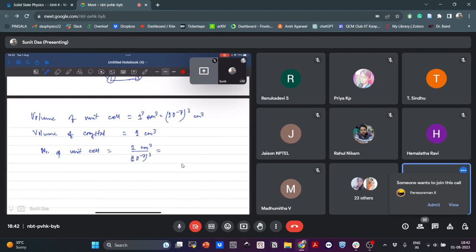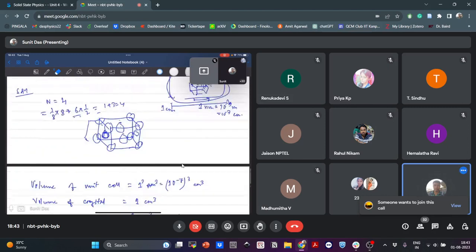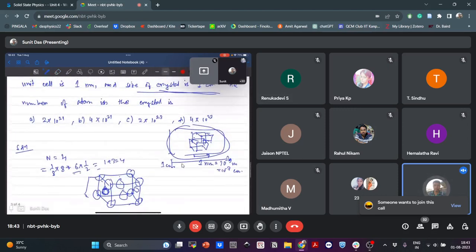So it will be 10 to the power 21. So 10 to the power 21 unit cells are there. Now in each unit cell there are 4 atoms. So the number of atoms in the full crystal will be 4 into 10 to the power 21.